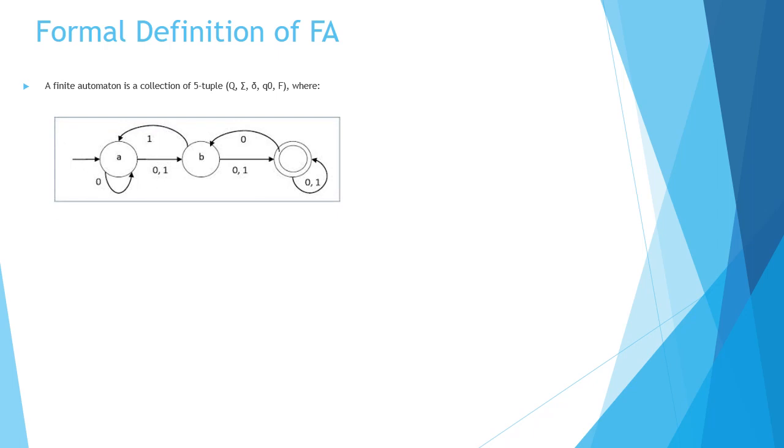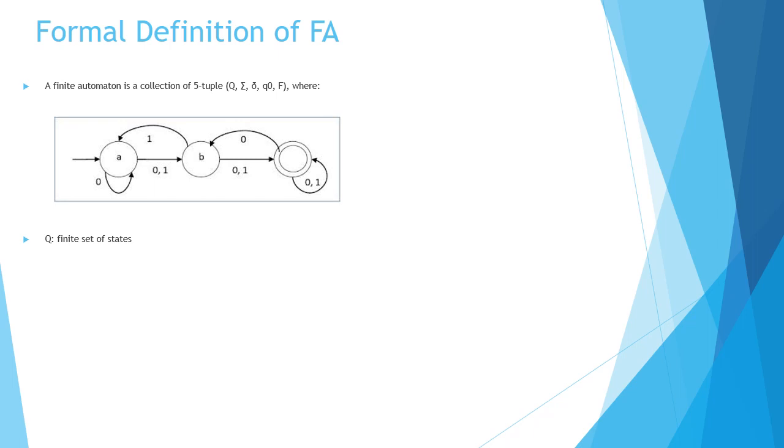Again, I have taken the same diagram so it will be easier for us to understand. Here you can see capital Q is a finite set of states. Right here in this diagram, A, B, and C are all states.